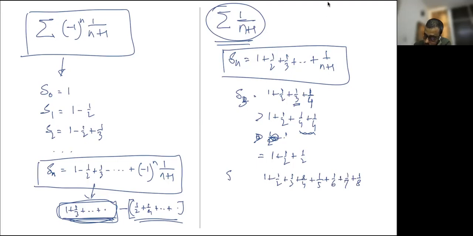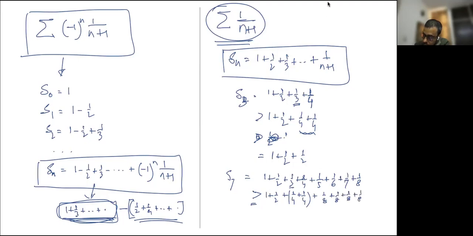This is S7. Again here I'll use a similar kind of estimate. I won't disturb the initial 2, that does not matter much. So 1/3 I'll replace by 1/4. So I have strict inequality here. And this 1/5, 1/6, 1/7, I'll replace them all by 1/8, the last one.